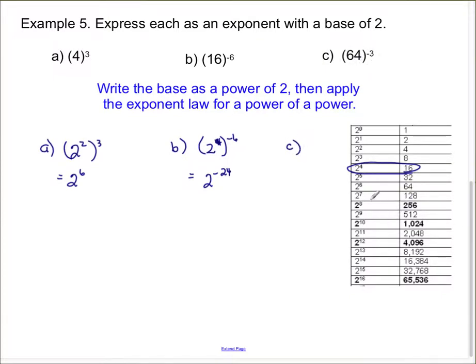And 64, if we go down here, is 2 to the exponent 6. We're going to write 2 to the exponent 6, and then we have negative 3. And we just multiply those because it's a power of a power. So that's 2 to the negative 18.